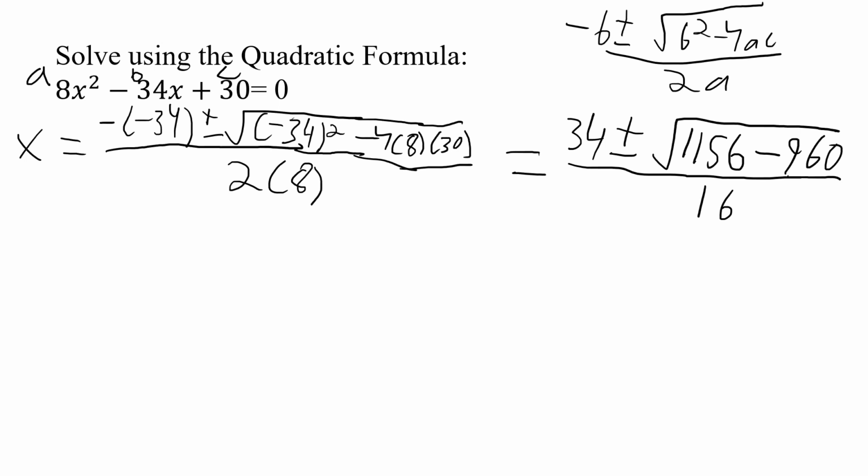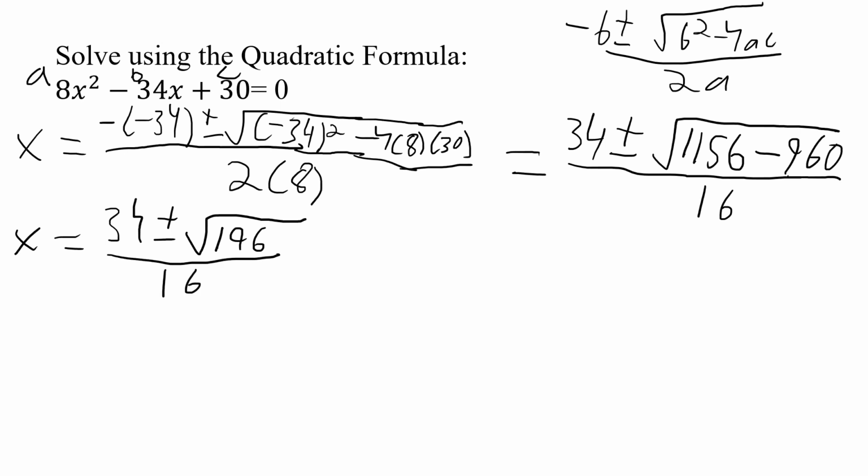Let's go ahead and take care of the inside of that square root. So 1156 minus 960. We get 196 is left on the inside there. So we get 34 plus or minus the square root of 196. And I just used my calculator to get that. I did 1156 minus 960. And it's still all over 16.